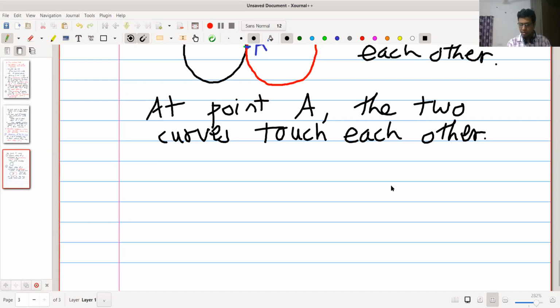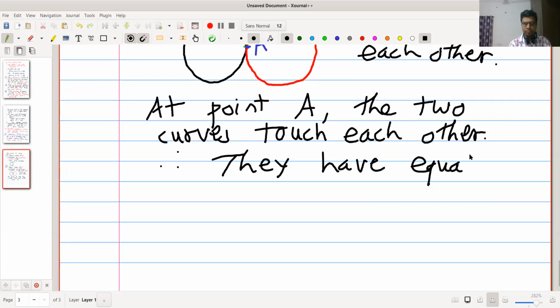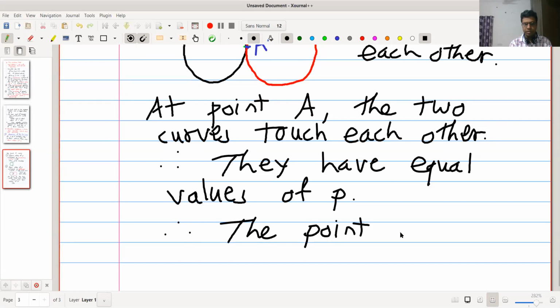Therefore they have equal values of p. Therefore the point capital A appears in the p discriminant.